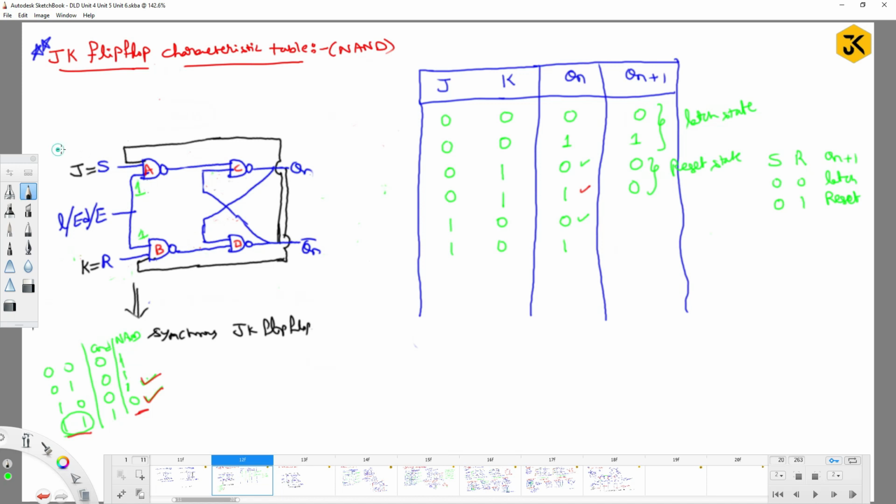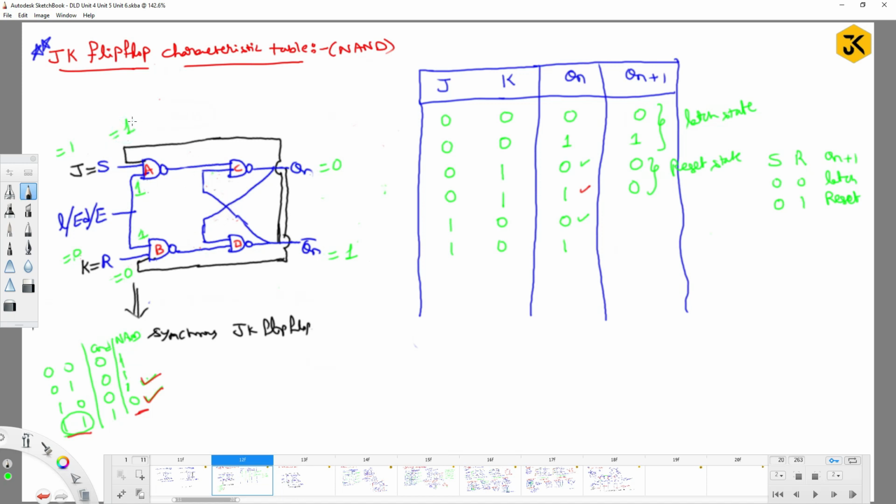So J value is here 1, K value is 0, right? Q1 I am assuming that it is 0. When assuming it as 0, Q1 bar should be 1, right? So when Q1 is 0, the B input NAND gate is 0, Q1 bar is 1, A input NAND gate is 1.